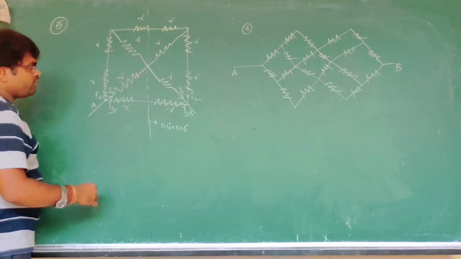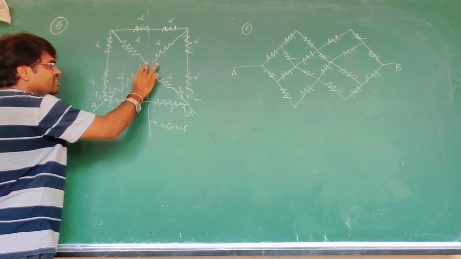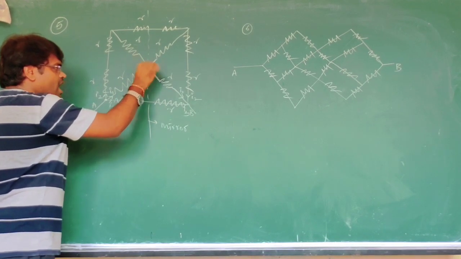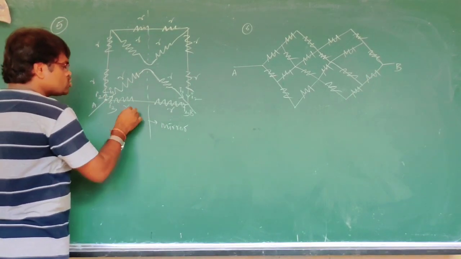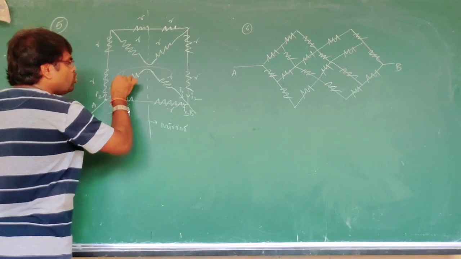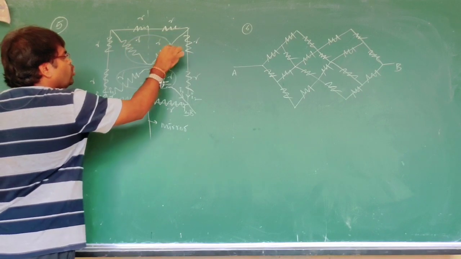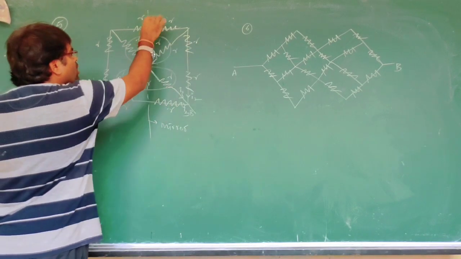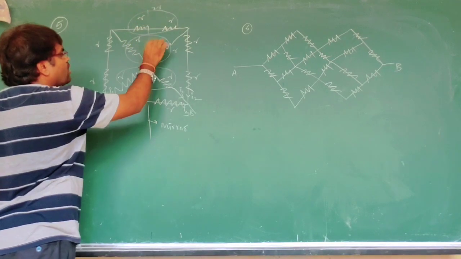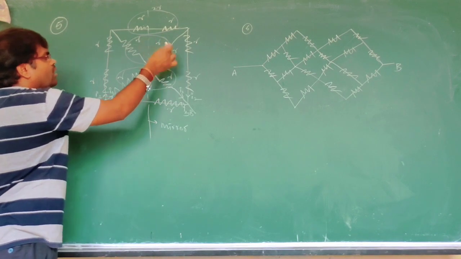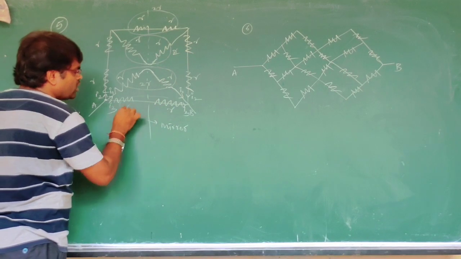Okay. Now what we will do is cut this. Now calculate: here 2R, here 2R, here 2R, here 2R, here 2R, here 2R.